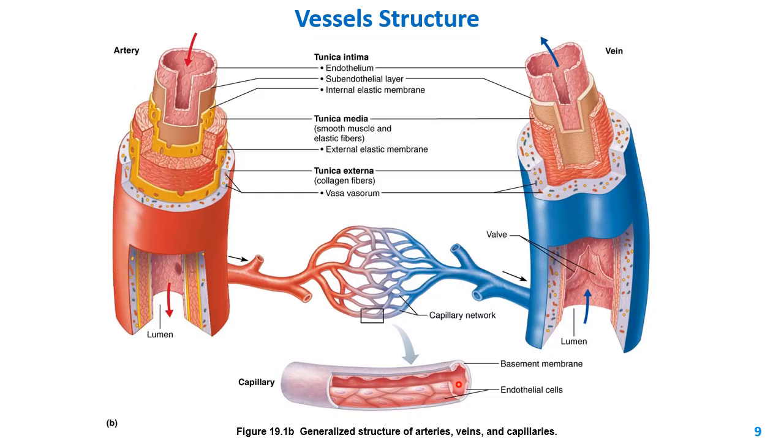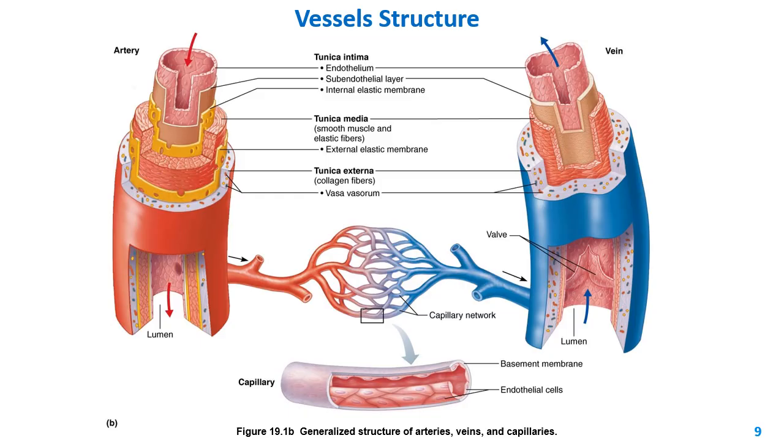Okay, so you have this one layer of cells that is your endothelial layer, right? And after that, you only have this basement membrane that is keeping this endothelial layer together, but that's really all you have, because you really want to have opportunity for exchange of substances at this capillary bed level, right?